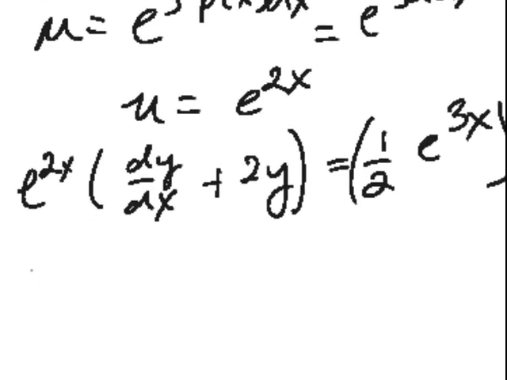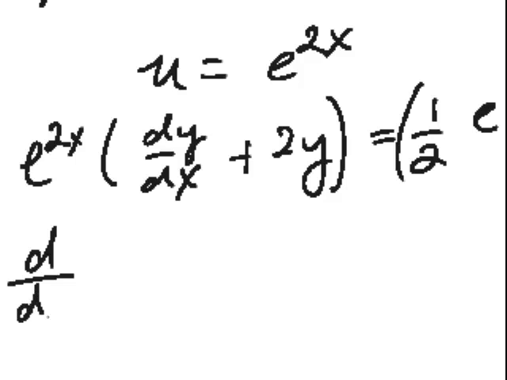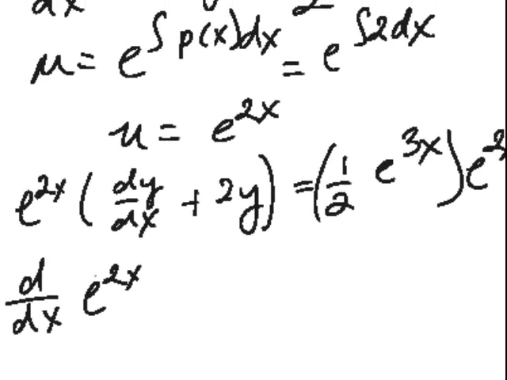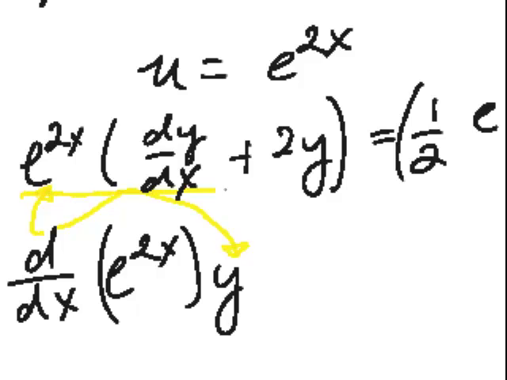The left-hand side, if you've seen the conceptual video, always is going to be the derivative of e to the 2x, which is my integrating factor, times y. If you were to go off to the side and do the derivative using the product rule and implicit derivatives of the integrating factor times y, you would get this answer up here.